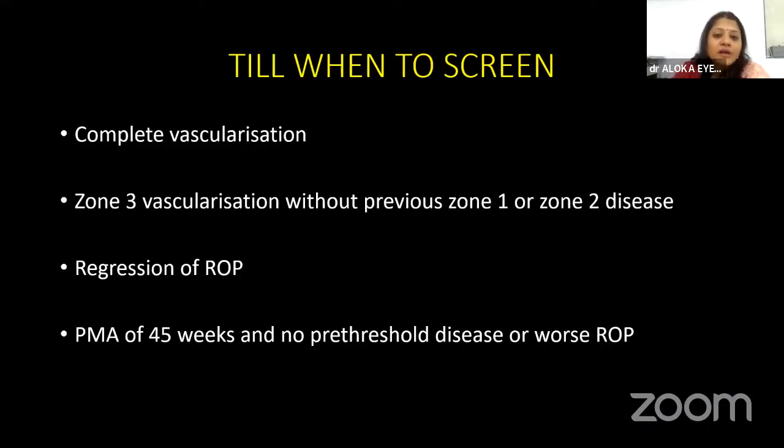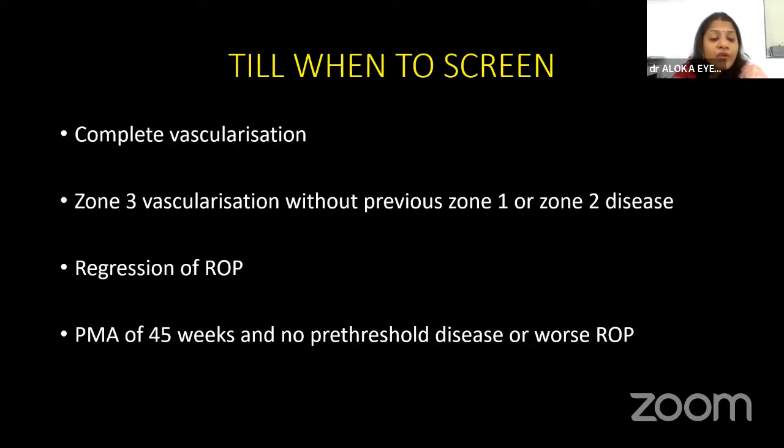Now, till when do I continue to screen the child? One is, of course, if you have a mature retina, completed vascularization, stop screening. Second is if you are seeing zone 3 vascularization, but there has been no previous zone 1, zone 2 disease, only zone 3 immaturity is there, and you have seen in 2 visits that it is still immature, you can stop screening.